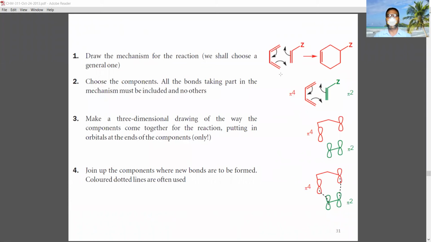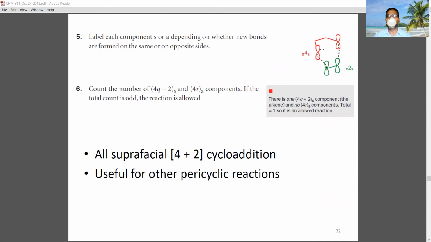Now, the second point: draw the mechanism for the reaction like this. Then choose the components, all bonds taking part in the mechanism. So you can see here the diene and dienophile. This is the pi 4, this is the pi 2. Now make a three-dimensional drawing of the way the components come together. Now you can see pi 4s, pi 2s.